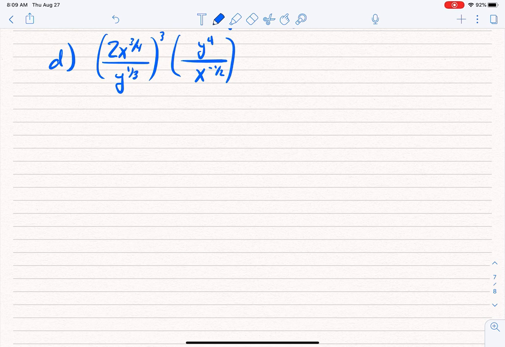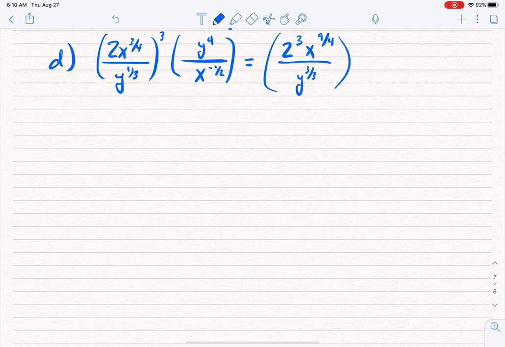So now we've got fractions, we've got negatives, we're raising powers to powers, we've got so much going on. But let's take a look at how we'd solve this. For that first part, I'm going to use that word distribute again. I'm going to distribute that exponent to every part there. So what would that look like? Well, that would be 2 to the 3rd power times x to the 9/4 power over y to the 3/3 power. Now that's nice because that y to the 3/3 power is just y to the 1st power.